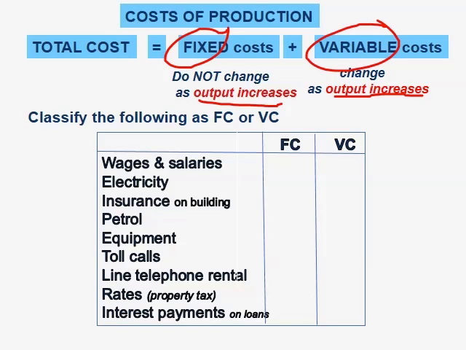So when we look at the examples, we can see first wages and salaries. Many students say to me that, well, when you're employed on a salary, it's fixed for a year, but you have to take a different point of view and underline again the importance of the second part of our definition: as output increases.